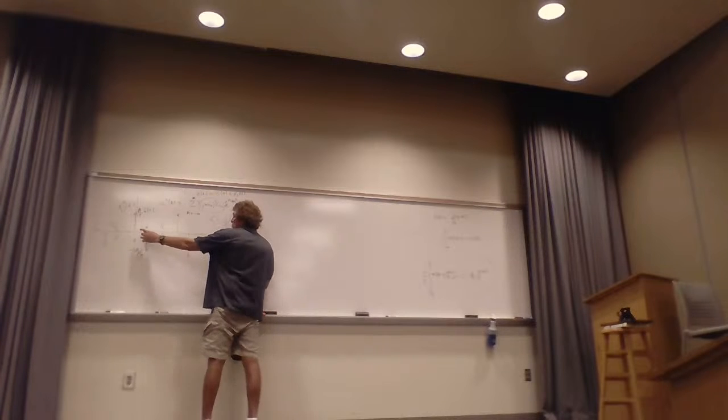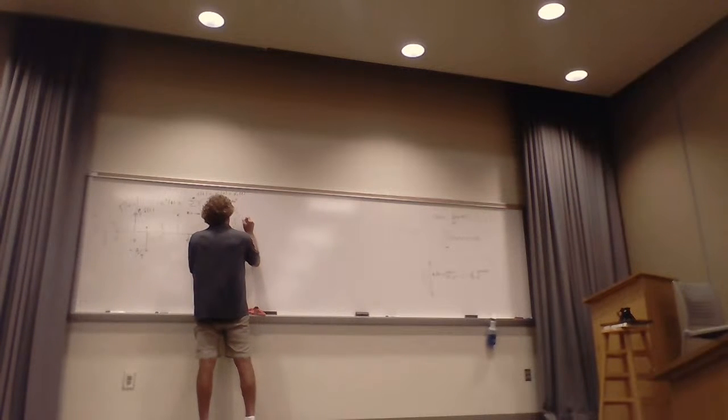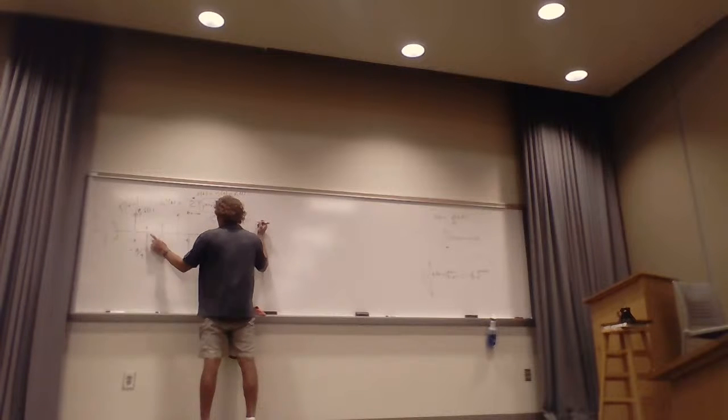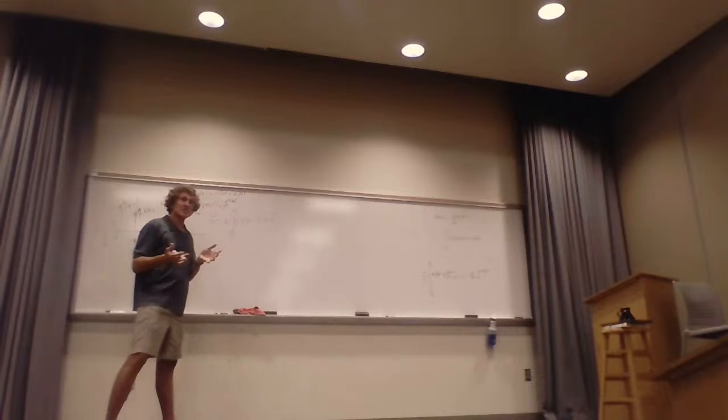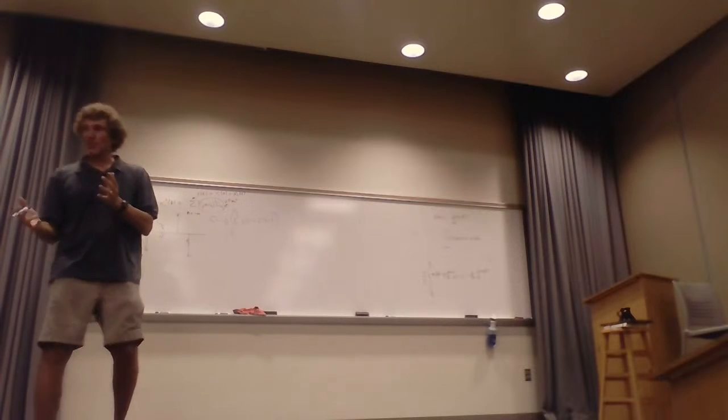All right, what's the first one? Delta of what? Just t, right? And the second one? But it's minus, right? Minus delta of t minus tau, right? So that's the x1 double prime, right?